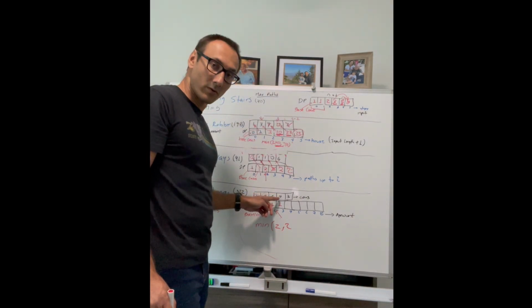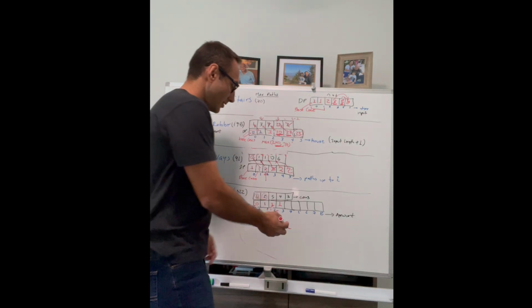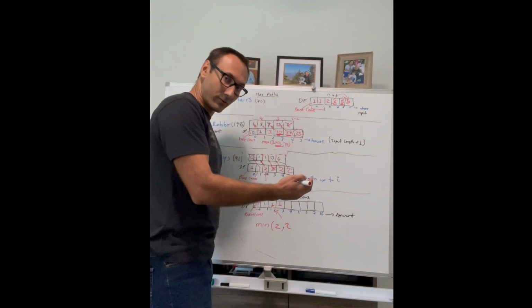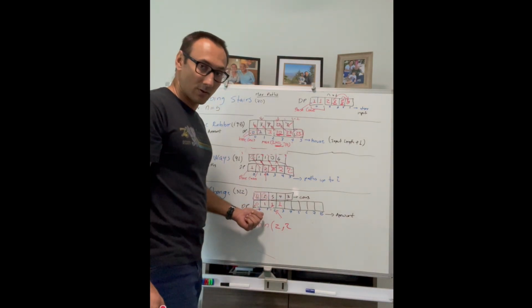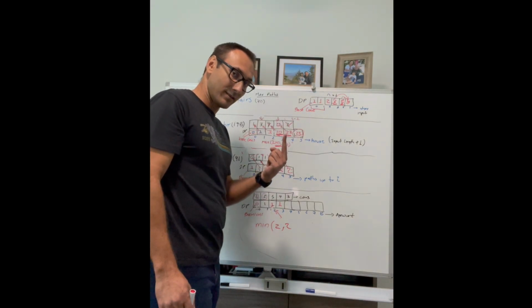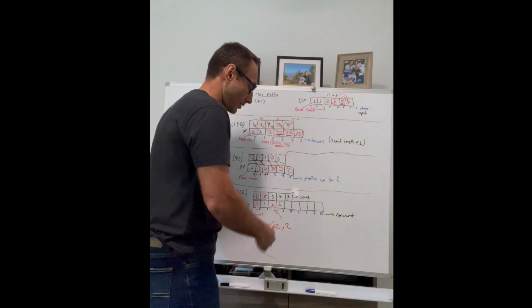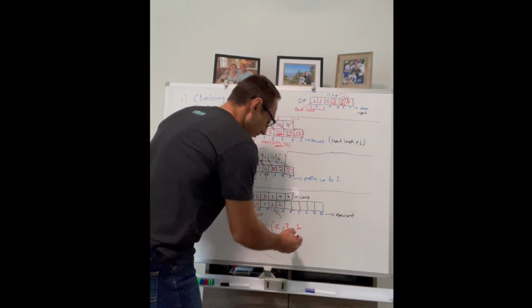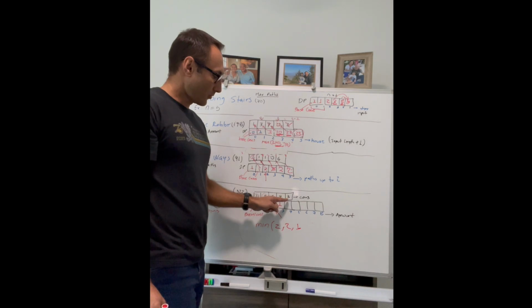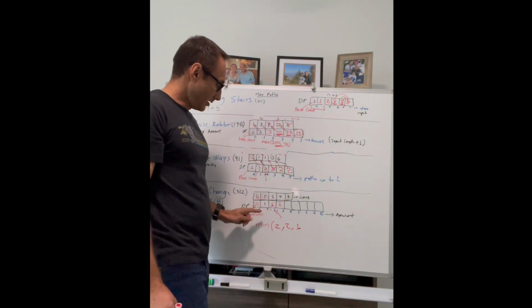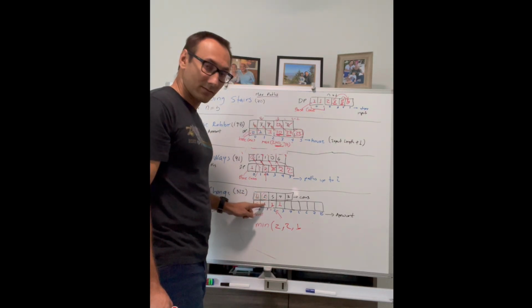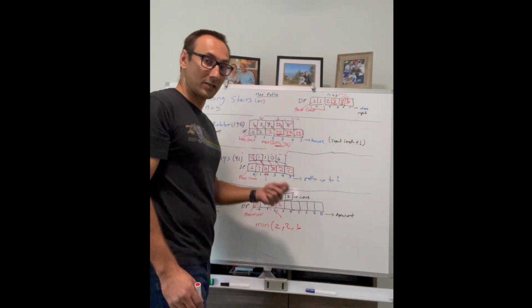If I pick 4, what happened? I will have 4, and I have 0 left. 0 left needs 0 coins. That means that I can get up to 4 with 1 coin, a coin of 4. So that's 1, right? If I use 3, I will need 1 more dollar, and to get 1 more dollar, the best solution is 1, so it's gonna be 2 coins.